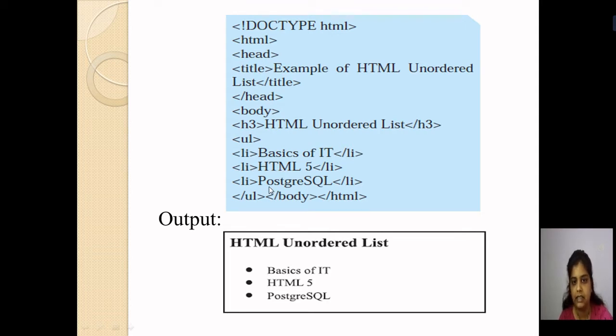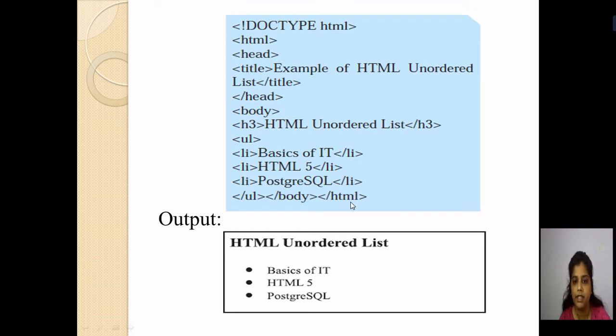The third item is PostgreSQL. After completing my list, I have closed my /ul, that is, my unordered list is closed. As the writing of the whole HTML program is done, my body tag is closed and my HTML tag is also closed. This is a small example of how to create an unordered list.